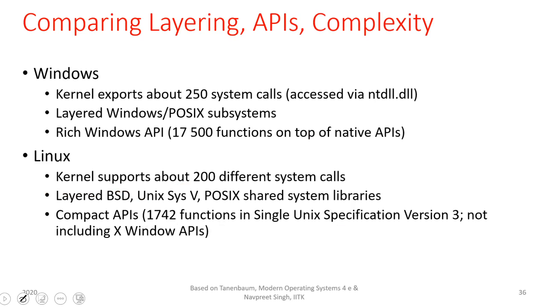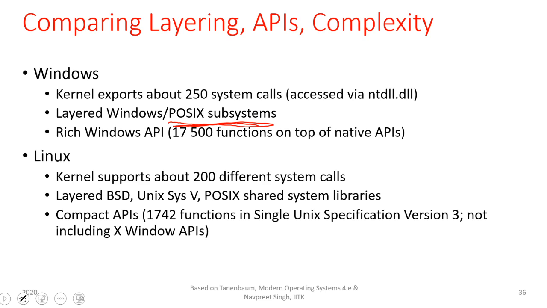Then in terms of complexity and system calls and so on, again, there are a lot of similarities in terms of what they support. Even the present versions of Windows operating systems implement or support a lot of POSIX subsystems, a lot of POSIX system calls or equivalent system calls.